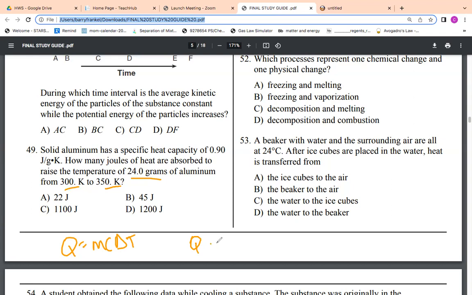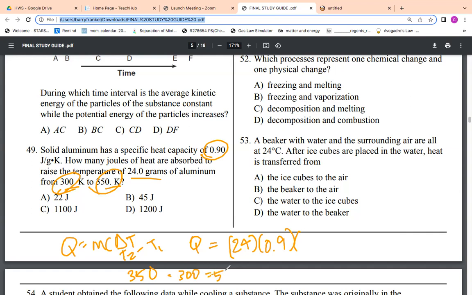They're saying what is the heat. They give us the mass. The mass is 24 grams. The specific heat capacity is 0.9. And the change in temperature, we're going from 300 to 350. Remember that delta T is really T2 minus T1, or the final temperature, which is this, minus the initial temperature, which is 300.